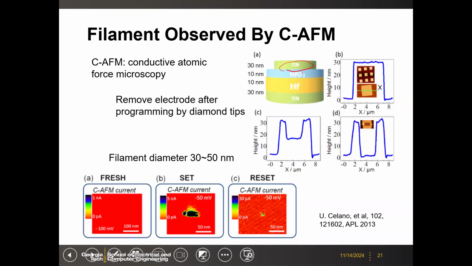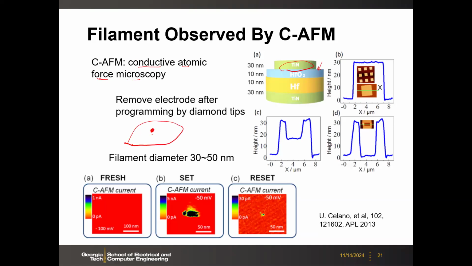And after that, the hafnium oxide surface is exposed. Then they are going to use this so-called conductive AFM, conductive atomic force microscopy, to scan over the surface of the hafnium oxide. This is conductive, so it can measure if there's a current flowing through. So let's say you have this device, right?